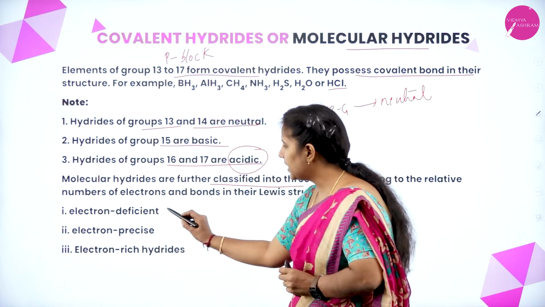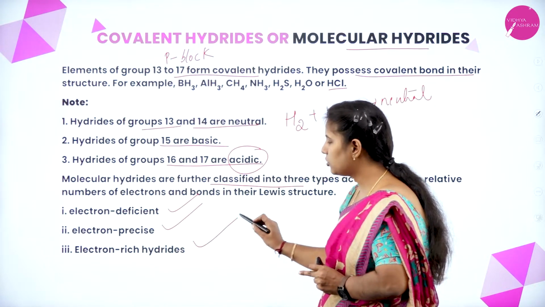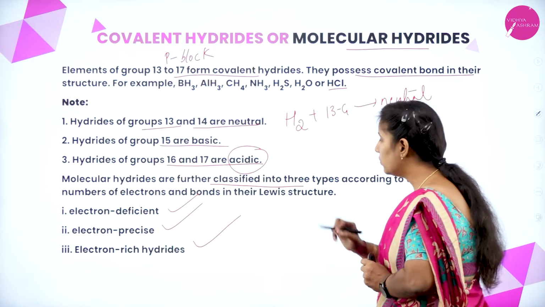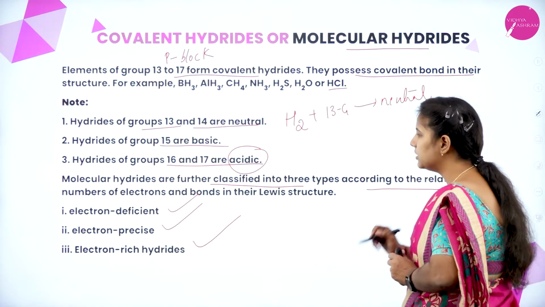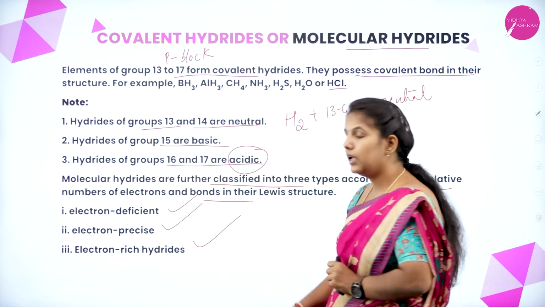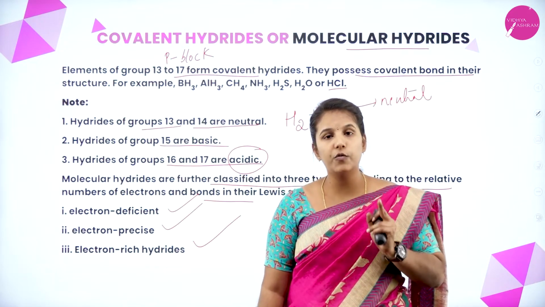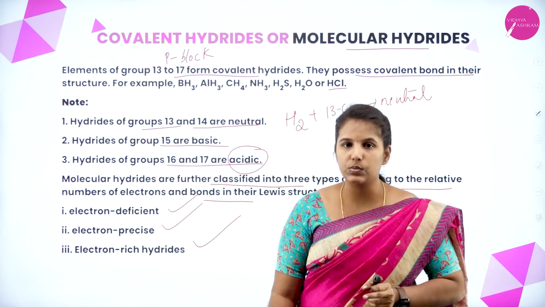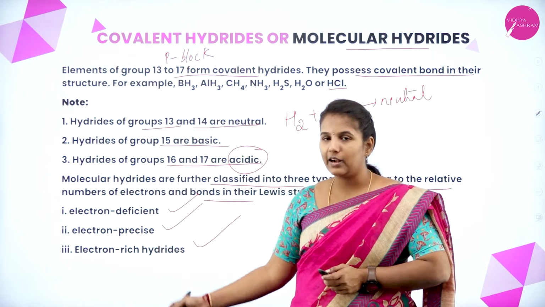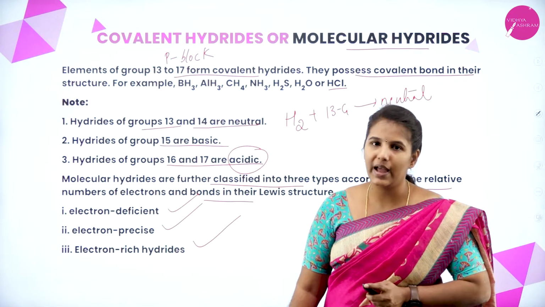They are electron deficient, electron precise and electron rich hydrides. We classify them according to the relative number of electrons present during the bond formation. That is why these covalent hydrides are further classified into three types: electron deficient, electron precise and electron rich hydrides.